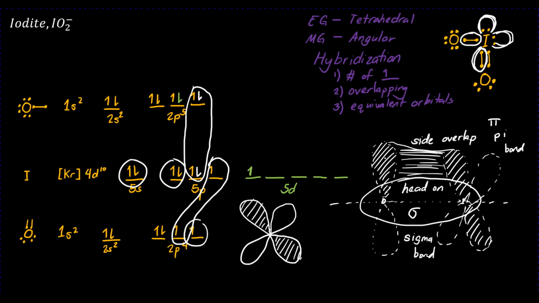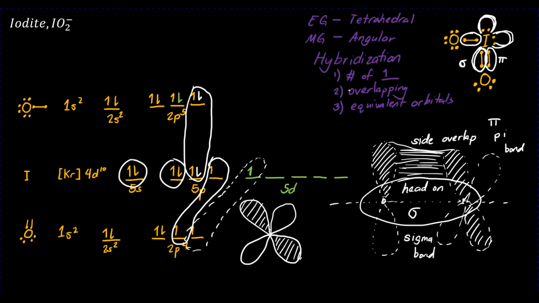So here, if this particular assumption is true, then this pi bond overlap is an overlap between a d and a p orbital. So once again, first bond is a sigma bond, second bond is a pi bond.